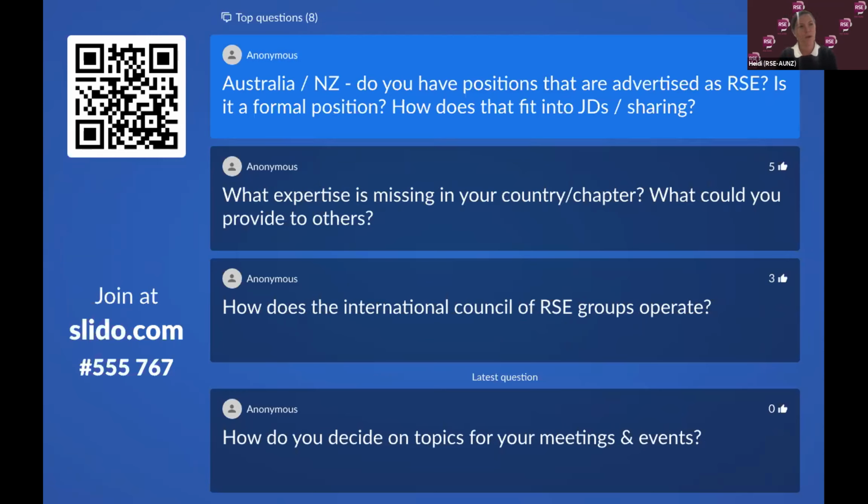We had a session where we asked members and people who were interested at eResearch Australasia what kind of job descriptions and roles they'd had, and where they thought it might fit, were they RSEs or not.